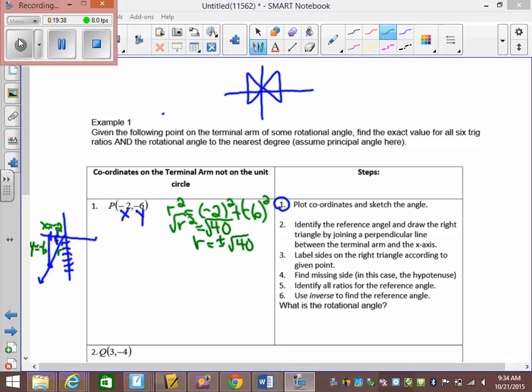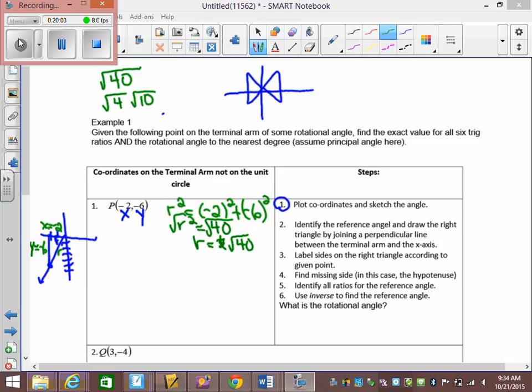Now, going back to grade 10, root 40. I'm just going to do it up here because I don't have a ton of room. We know it's going to be positive because it's the radius. The radius is always positive. Root 40, we have to reduce radical. Root 40 is correct. However, that answer won't be on your diploma. Root 40, I can break down into what perfect square? Root 4 times root 10, right?